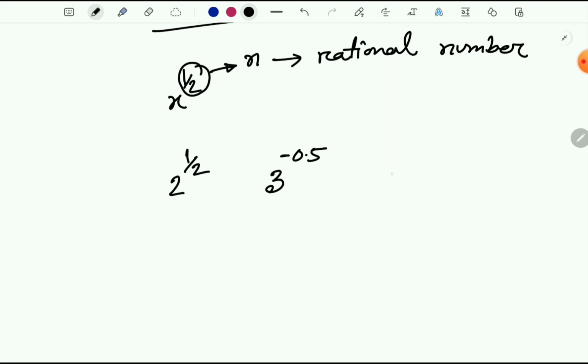We can simply write 2x power negative 3. So this is also a rational expression, but 1 by 3 is an irrational number. So we can consider 2x power minus half. This is a rational expression.